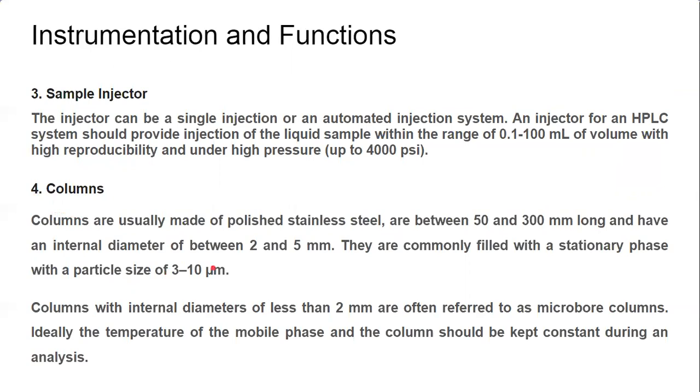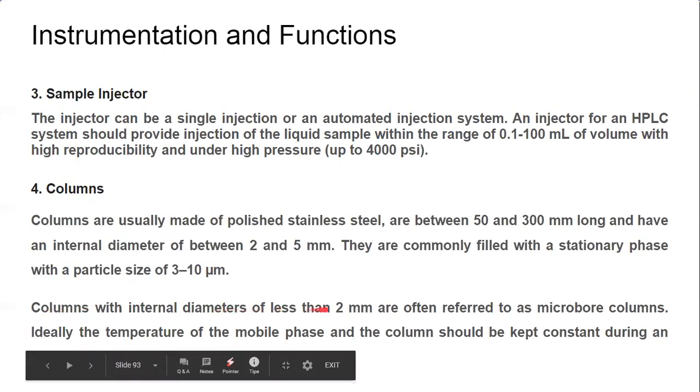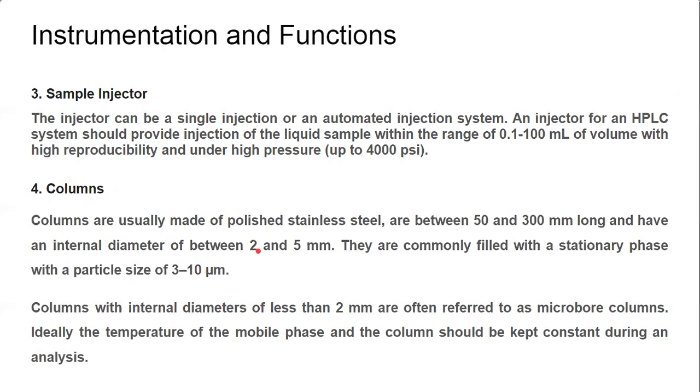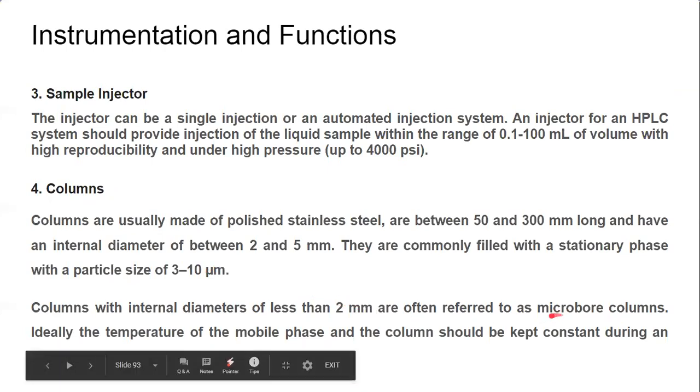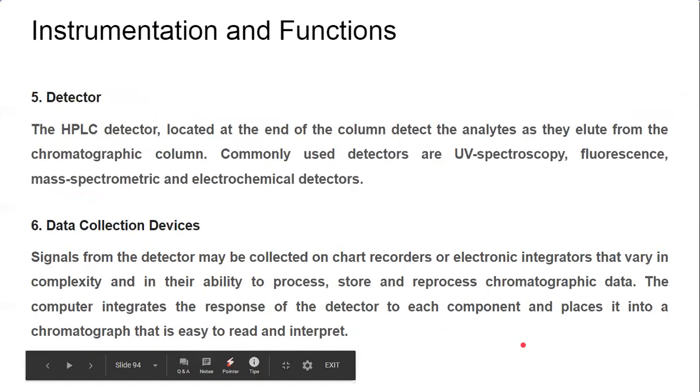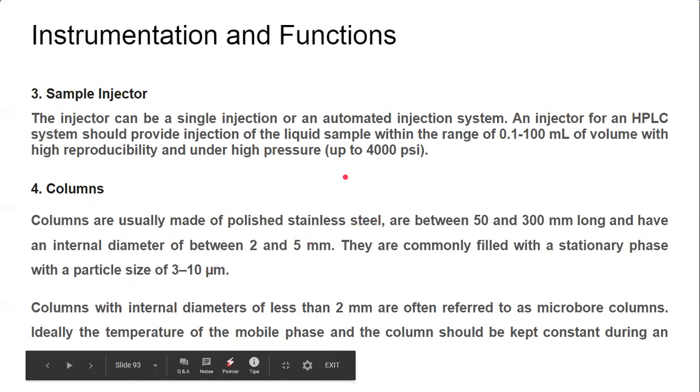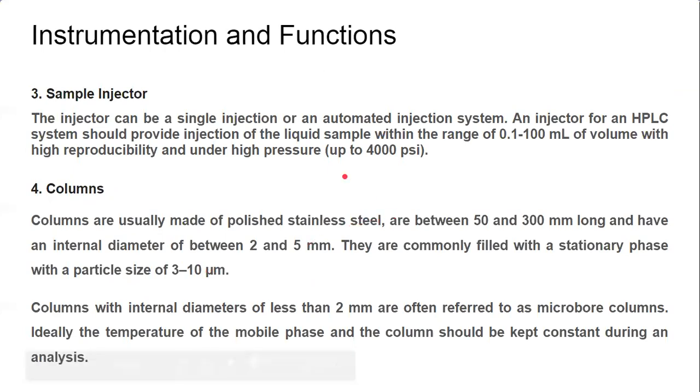Columns with an internal diameter less than 2 millimeters are often referred to as micro columns. The temperature of the mobile phase and the column should be kept constant during the experiment. Throughout our experiment, the temperature should not vary.